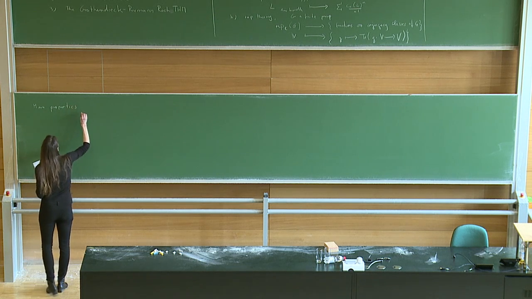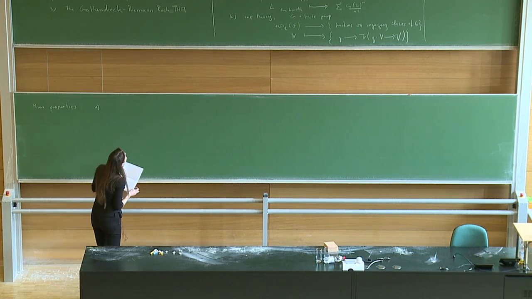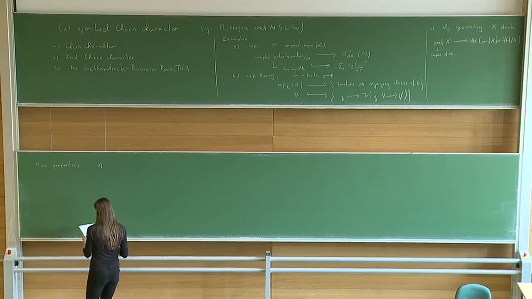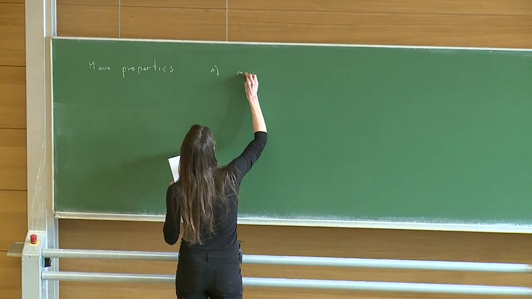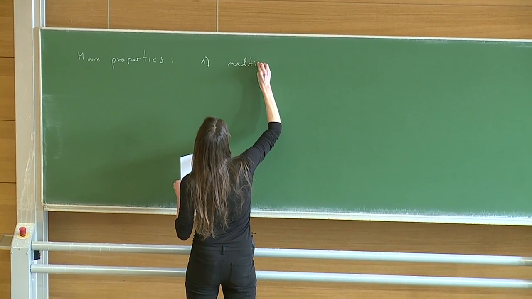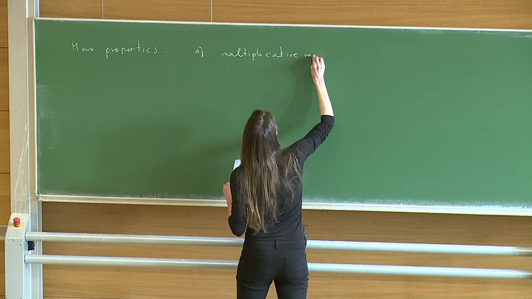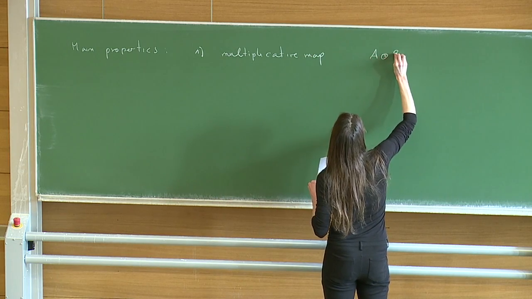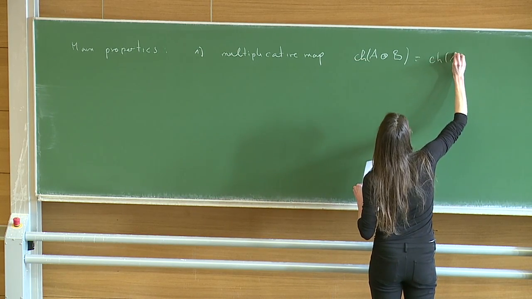So first of all, these categories have a tensor structure, and the Chern character preserves the tensor structure, so it's a multiplicative map. It sends the tensor product of objects to the product of their Chern characters.